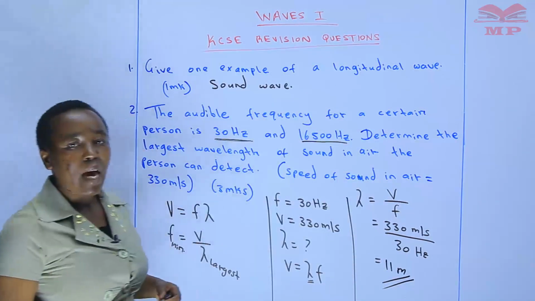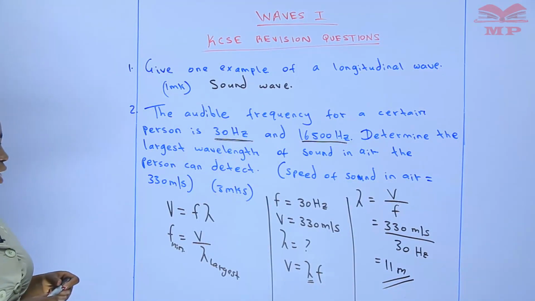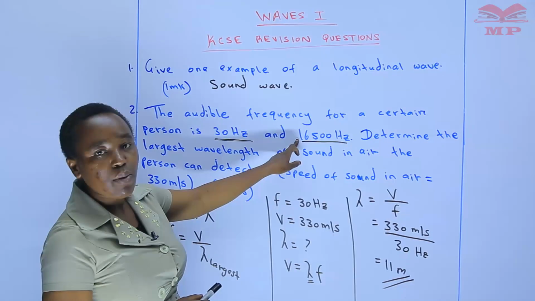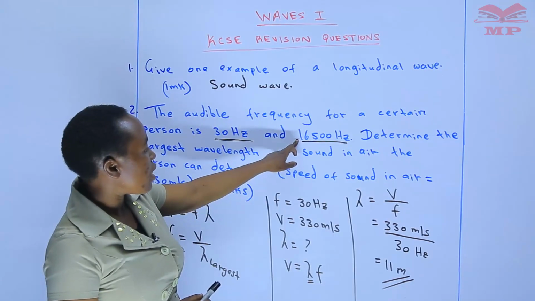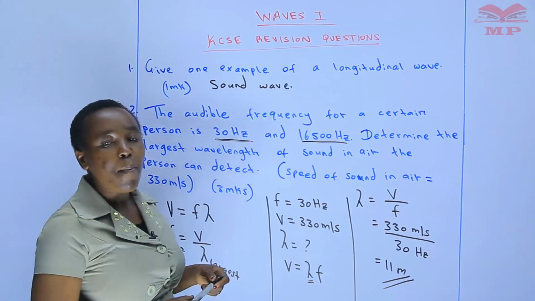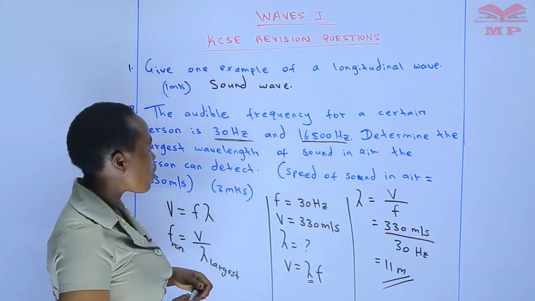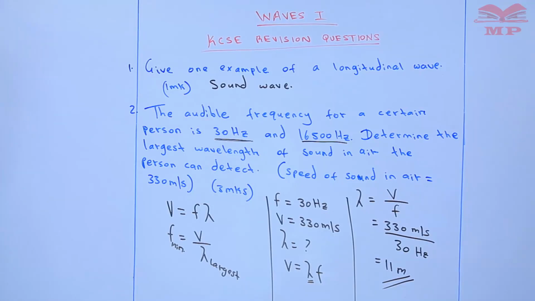So that will be our largest wavelength that the person can detect. Because when you use the other one, 16,500 hertz, we are going to have the smallest wavelength. So our largest wavelength is 11 meters.